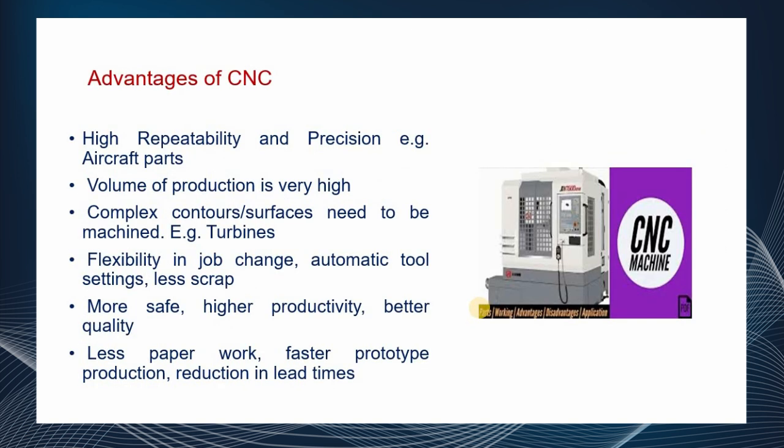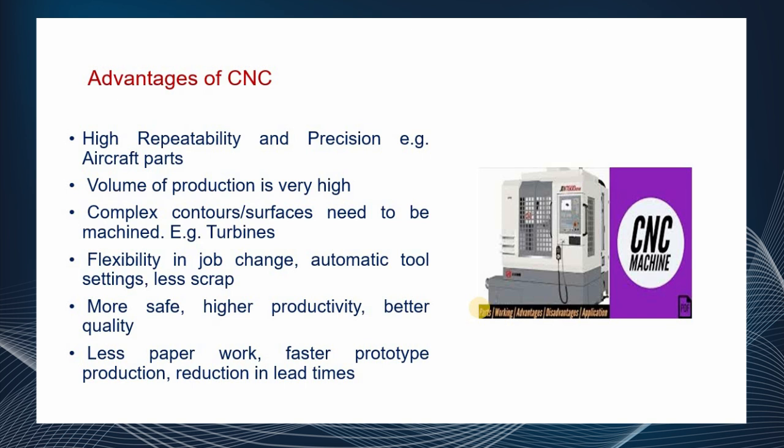Some advantages of computer numerical control: high repeatability and precision, for example in aircraft parts, where the volume of production is very high. Complex contour surfaces can be machined, for example turbine shapes.